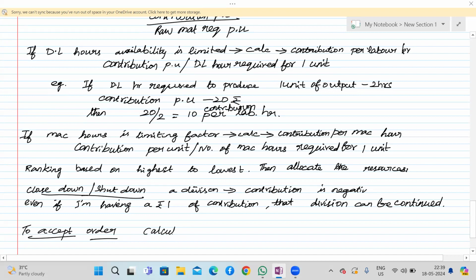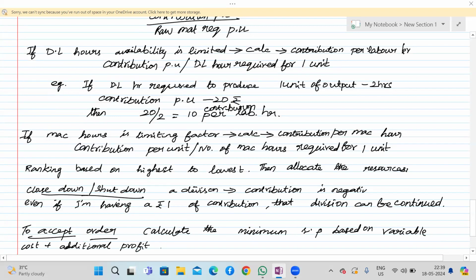So calculate the minimum selling price based on variable cost plus additional profit required in this case, plus my additional fixed cost if any.